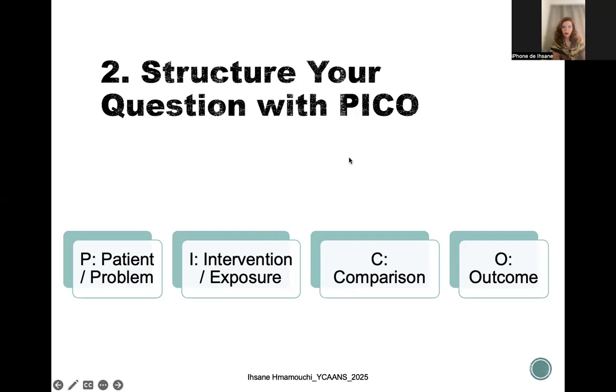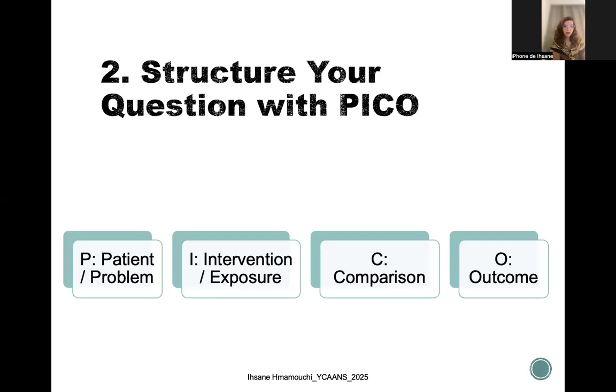An example of this PICO framework, you could say, in adult patients with severe TBI, which is the population, does early decompressive craniectomy, which is the intervention, compared to conservative management, which is the comparator, improve an outcome at 6 months, for the O.